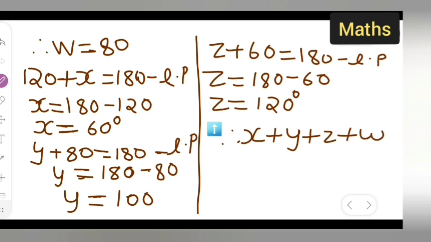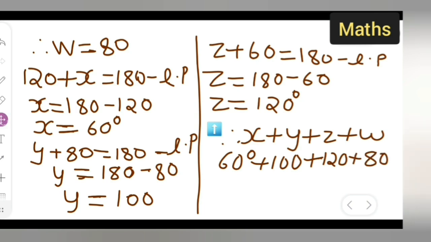Now what is our x? What we got is 60 degree plus 100 plus 120 plus 80. Okay, so what we need to do is x, the value of x is given to be 60, the value of y is given to be 100, value of z is 120, and the value of w is 80.